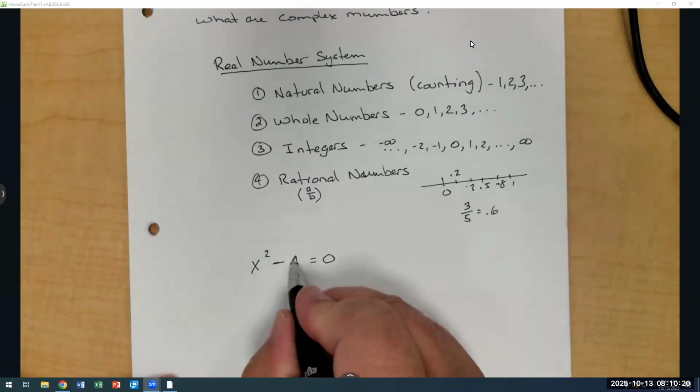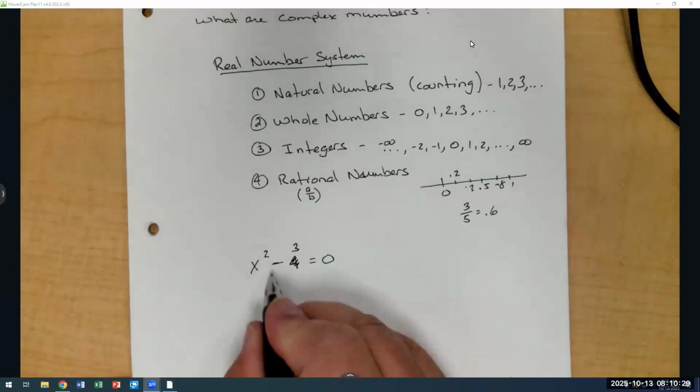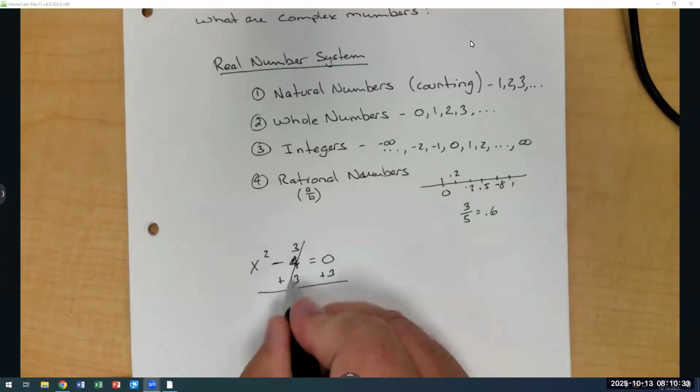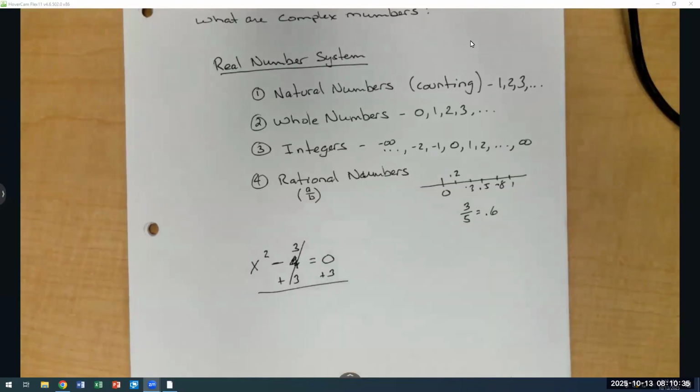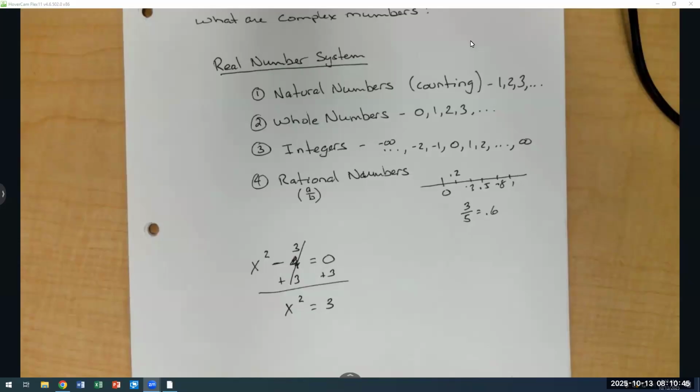Okay, let's try something even more difficult then. Yeah, because you're solving for X, so you would add 3 to both sides. This is what we spent the first 8 weeks of the semester learning how to do. Not plugging and playing, but solving. So now we have X squared equals 3. So what does X equal now?